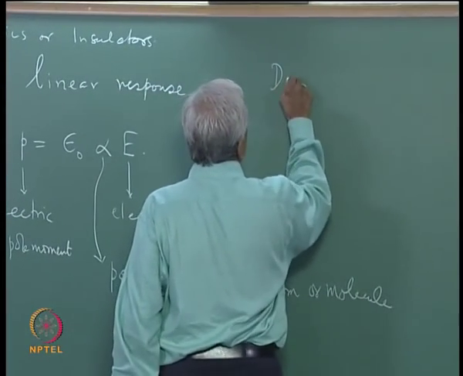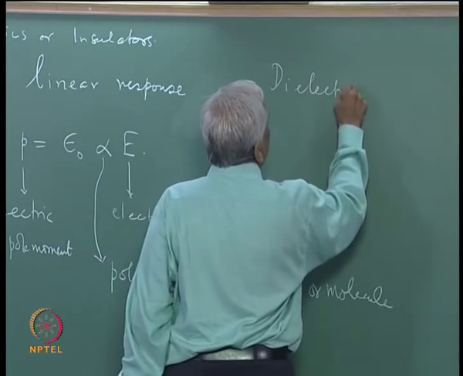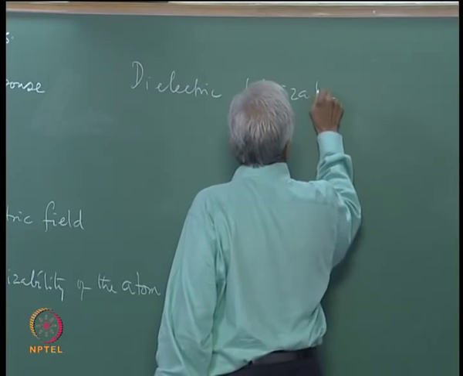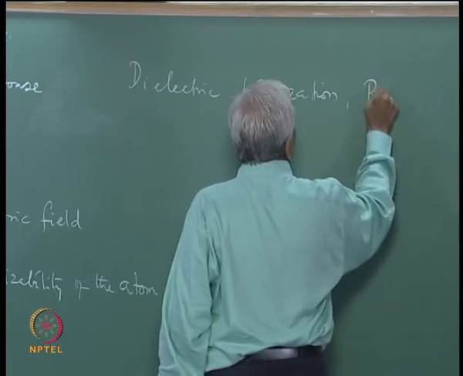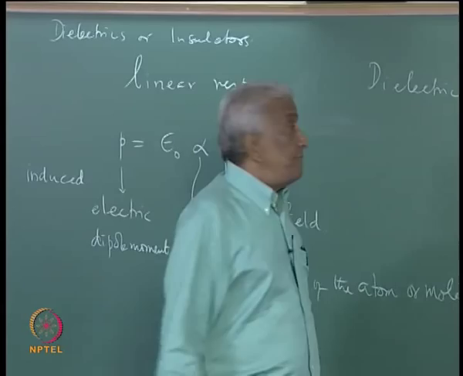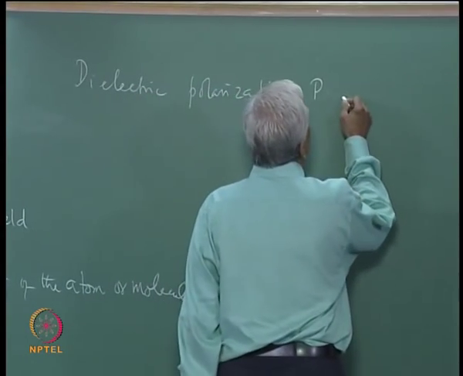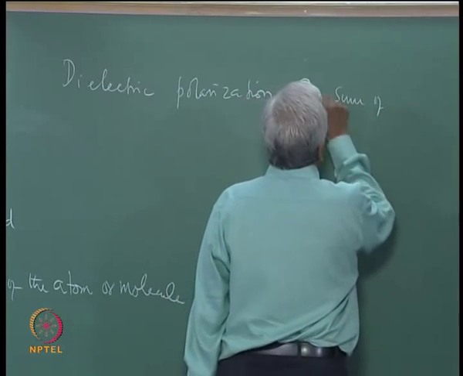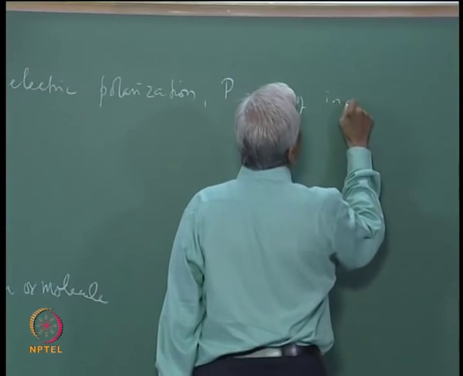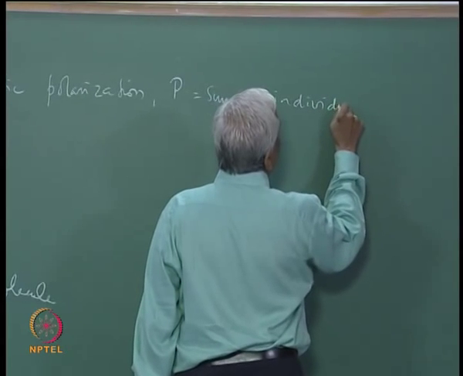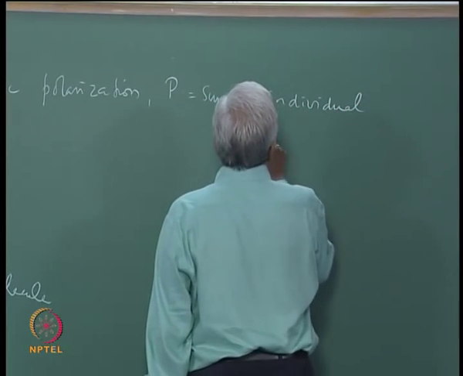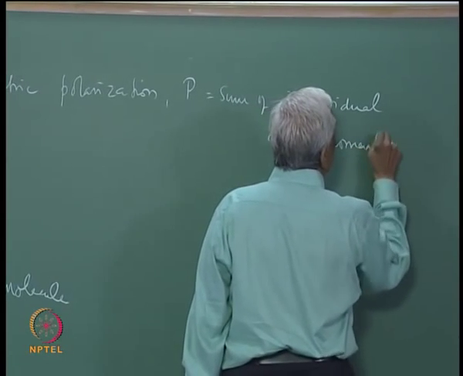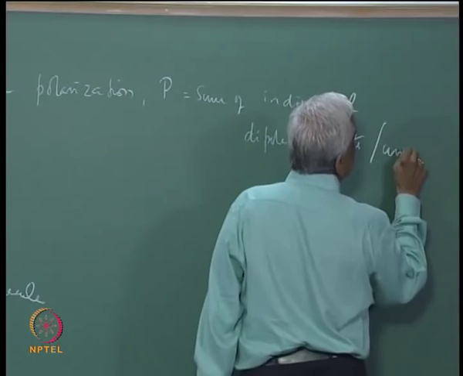Dielectric polarization, capital P, is the vector sum of the individual dipole moments, and is usually defined per unit volume of the material.